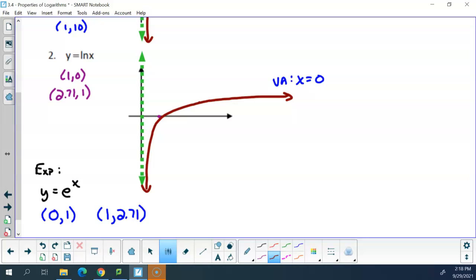Anyways, at like 8 point something, we would finally hit 2. At e cubed, we would hit 3. At e to the 4th power, we hit 4. And so on and so forth.